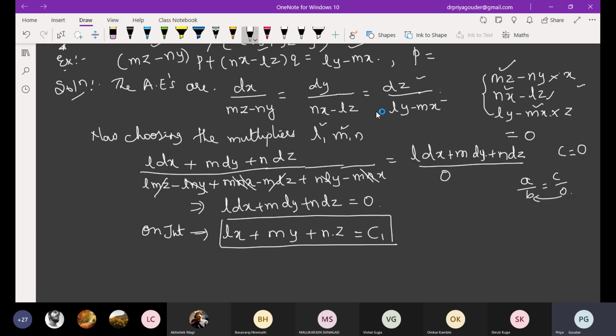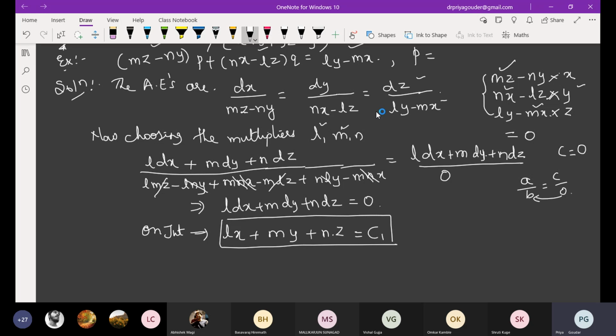Similarly, if I want to cancel L, suppose here L is multiplied with z and here L is multiplied with y. So this second equation should be multiplied with what? Cross multiplication, making the coefficient the same. So along with L you have z, I want a y.